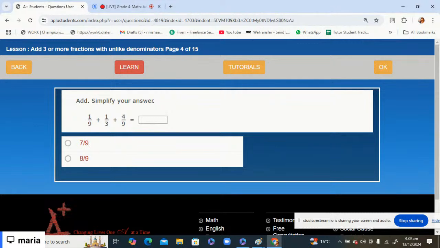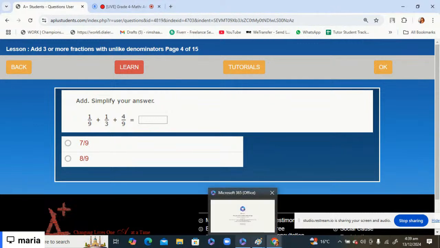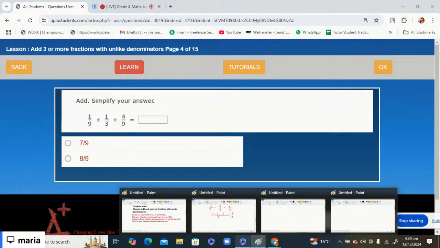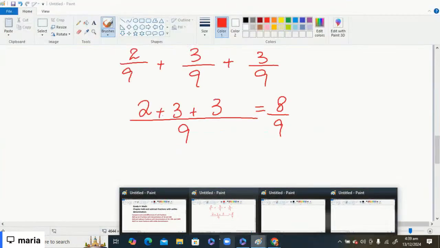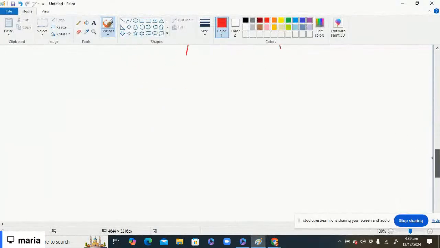Now look at this one. 1 by 9 plus 1 by 3 plus 4 by 9.